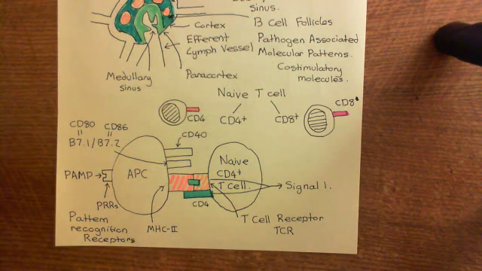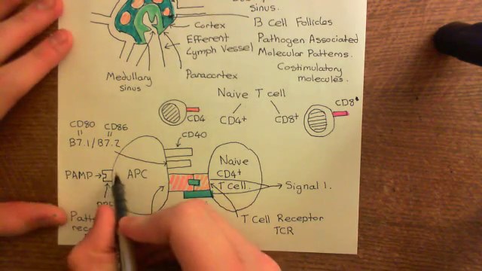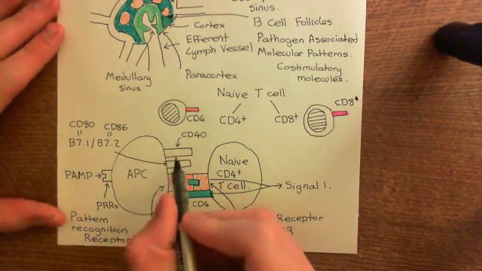And I want to emphasize that it's not like you just have one pattern recognition receptor which recognizes all PAMPs. No, each PAMP will have its own pattern recognition receptor, and when that PAMP is present, sorry, not in the cytoplasm, in the interstitial fluid, it will bind to the pattern recognition receptor on the surface of the antigen-presenting cell and activate the expression of these co-stimulatory molecules.